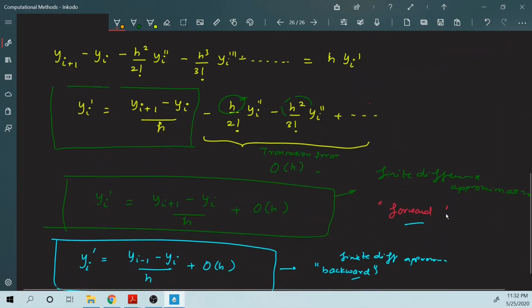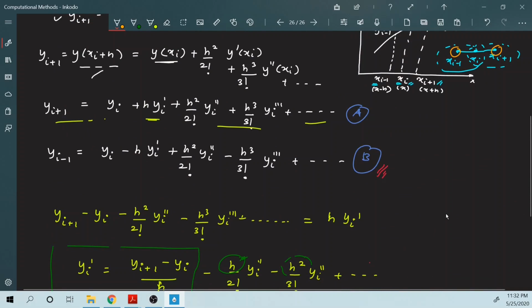Okay, so again, when you play with your equation A and equation B, when you subtract equation B from equation A, you'll find out you are getting another equation of derivative, the first derivative, that is (yi plus 1 minus yi minus 1) divided by 2h, and the order here is going to be h square.